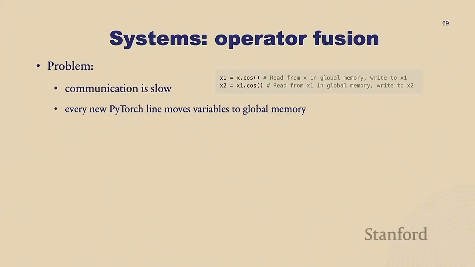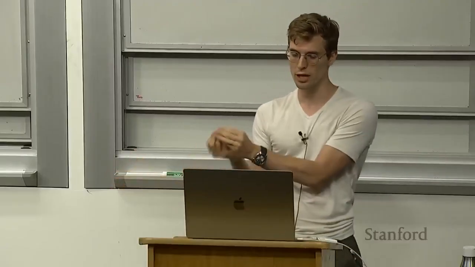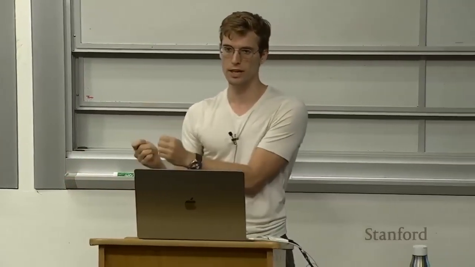So when you have something like x1 = x.cosine(), and then you do x2 = x1.cosine(), what is happening behind the scenes is that you take the x, which is data, you ship it to the actual processors of your GPU, you apply the cosine, you ship it back to the main memory of your GPU, and then you see the next line, you ship it back to the GPU processor, you apply another cosine, and you ship it back again.